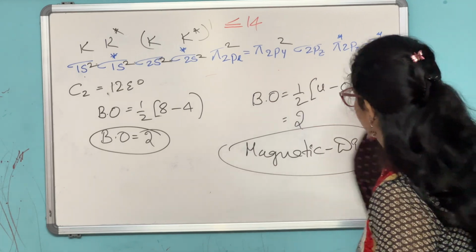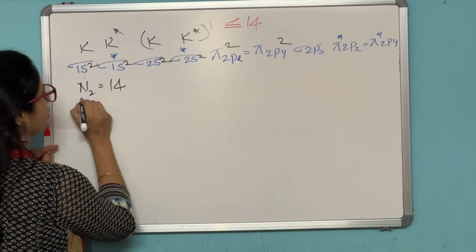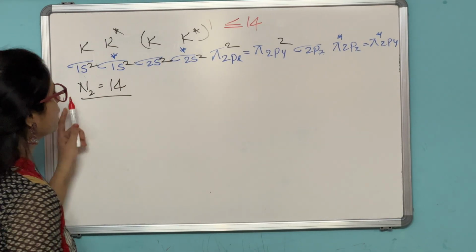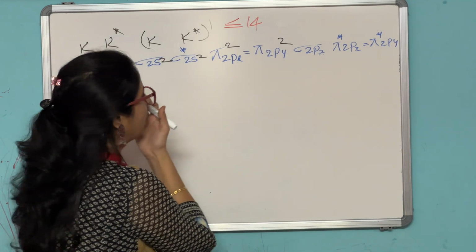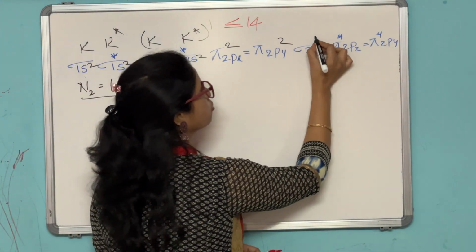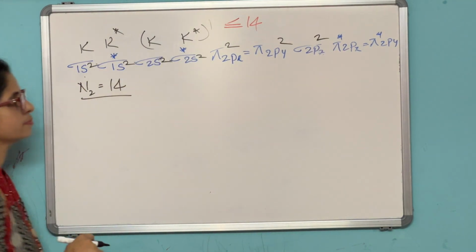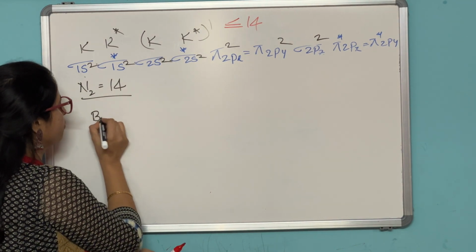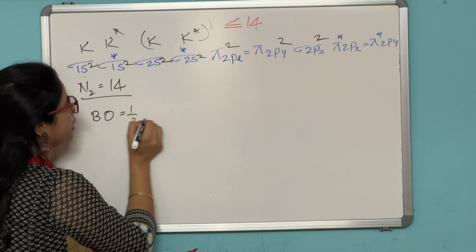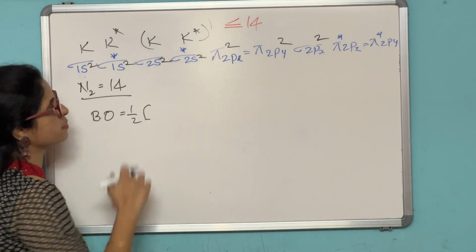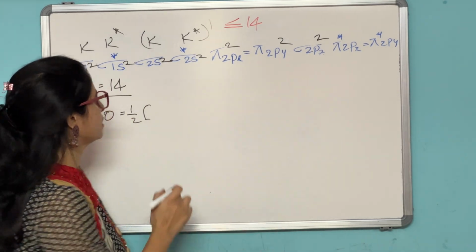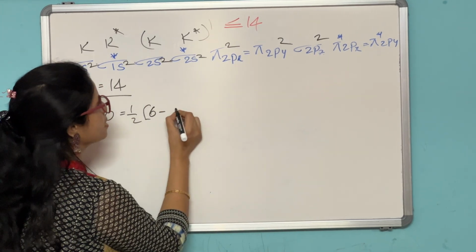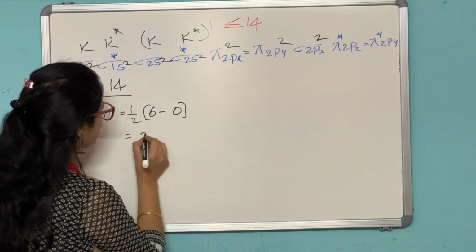Now you calculate for nitrogen, and for nitrogen we'll write the energy level diagram also. So here 12, 13, 14. Calculate the bond order first. Bond order is 1 by 2 times the number of bonding electrons; you omit the filled shells, and here it is 6 minus 0, which is 3.